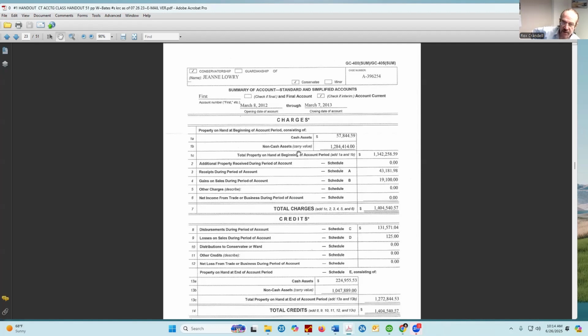There's a term that's prominent throughout the accounting, and that is called carry value. If you look at this responsibility as a burden, you're carrying that burden. Carry value is the market value at the date that you took over the trusteeship or executorship.